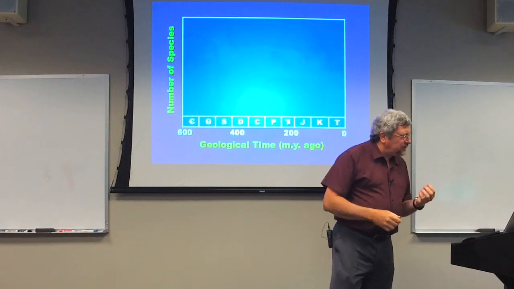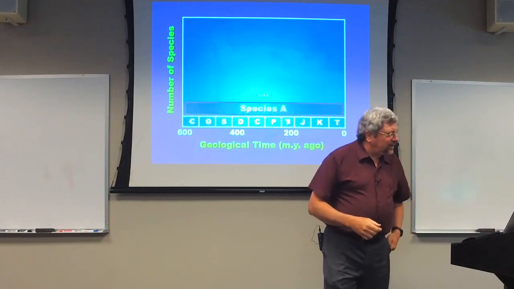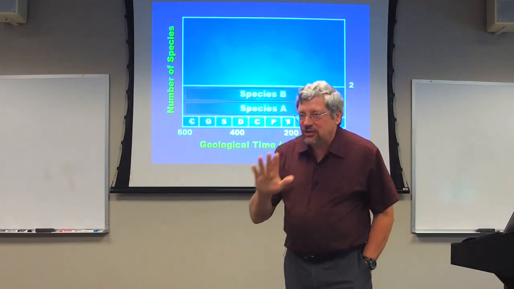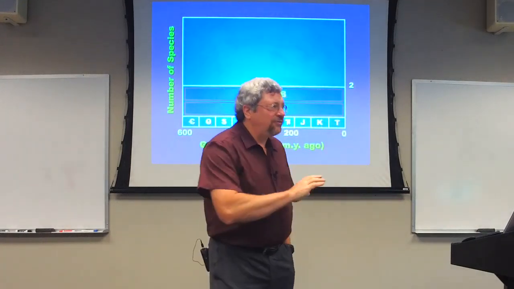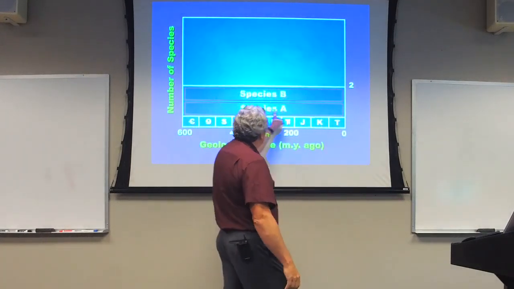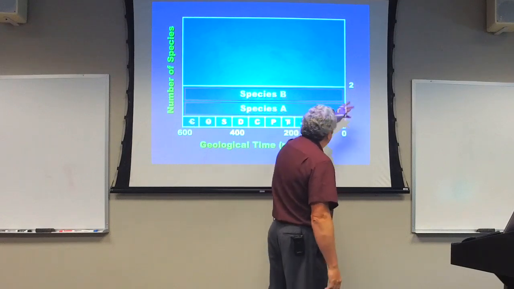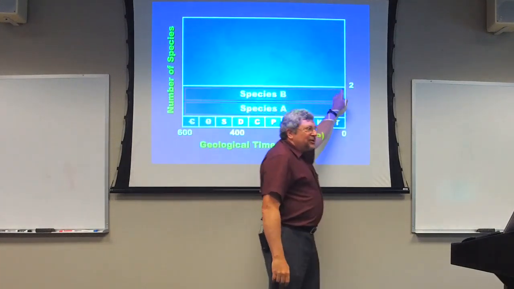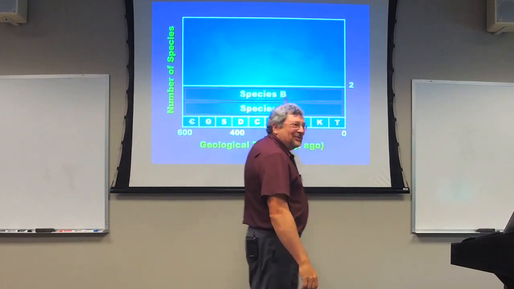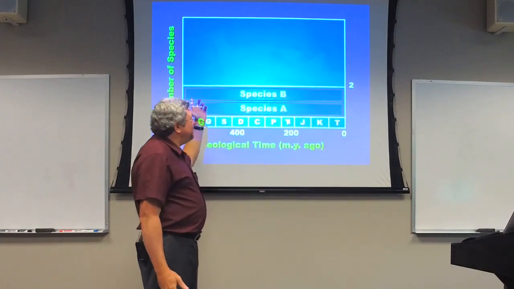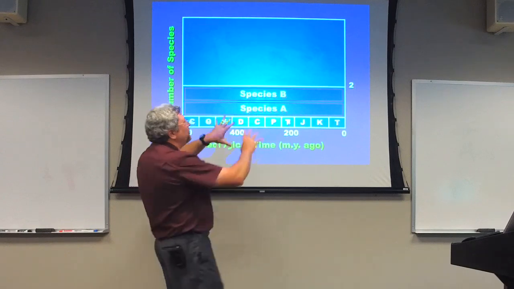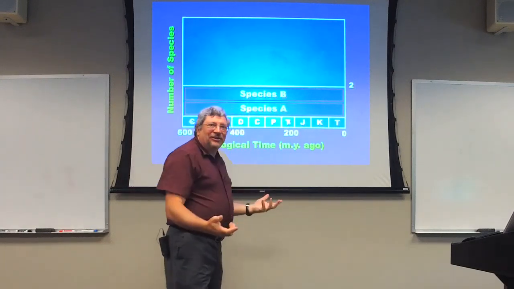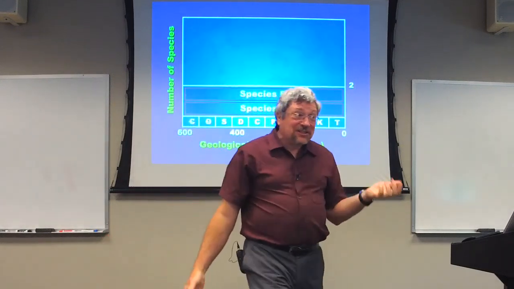Because here's how the reasoning would go. If, let's say, for the sake of argument, we had two species that existed for the entire duration of the record, species A and species B, the diversity curve would be flat, and it would be 2. There would be 2 across the entire history of life. How would we go from this curve to a calculation of the number of species that existed in the past?